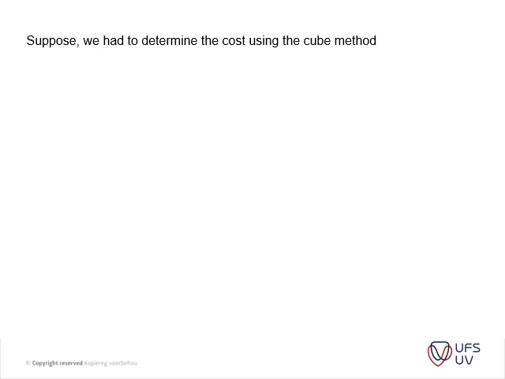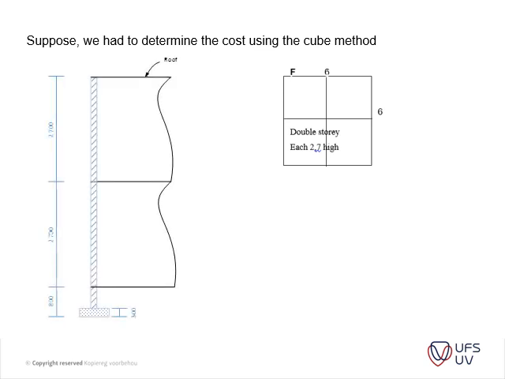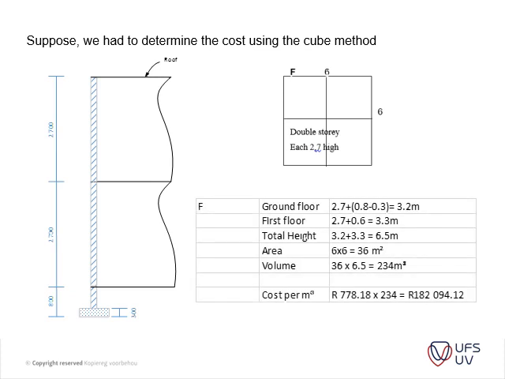Suppose we had to determine the cost using the cube method. We've calculated the cube method the previous time, so now we just calculate our total volume, adding the next floor. We've got our ground floor, our first floor, and our total height and our total area, and then we've got a volume of 234 cubes.